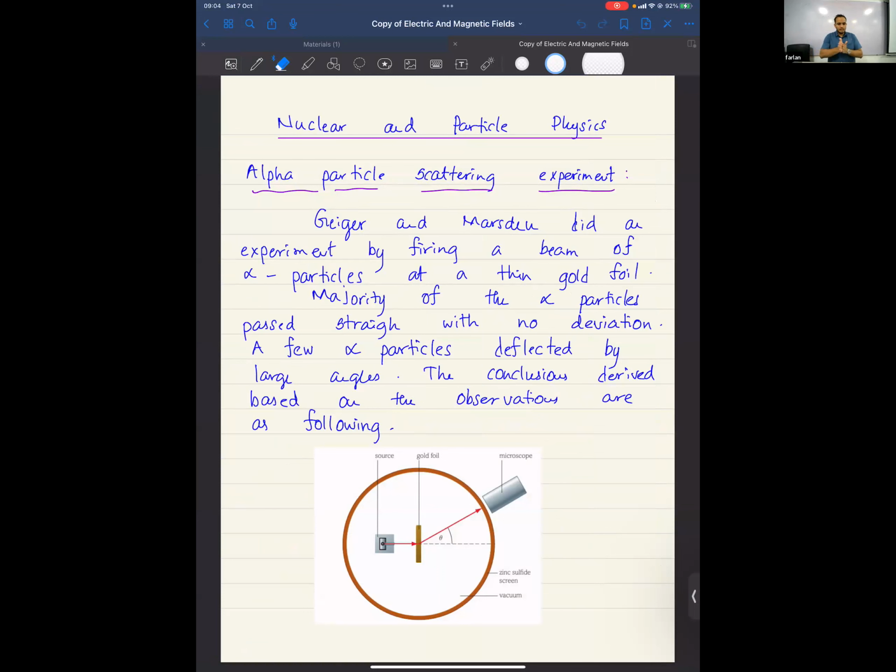So guys, today we are starting nuclear and particle physics.